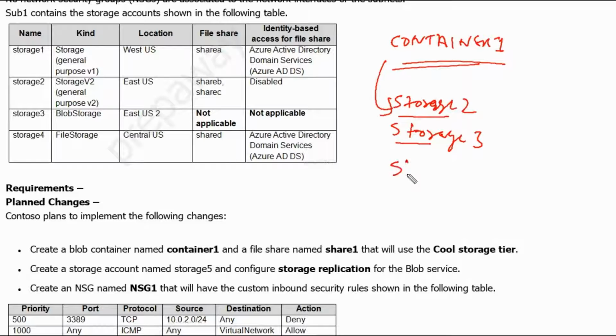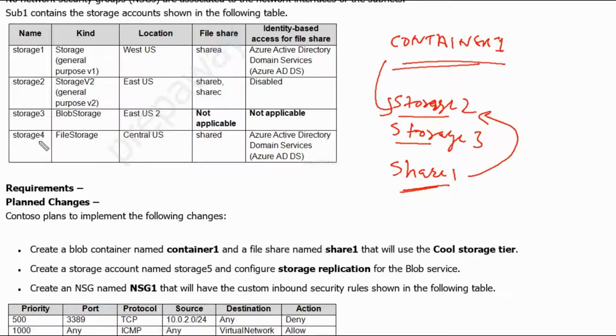Next part of the question is for share 1, which account we can use. We can use storage 2 account, which is general purpose v2 account for share 1. Storage 3 does not have the file share part, so we cannot use this. Storage 4 has a file storage type account and we can create the share 1, but it doesn't support the storage tiering.